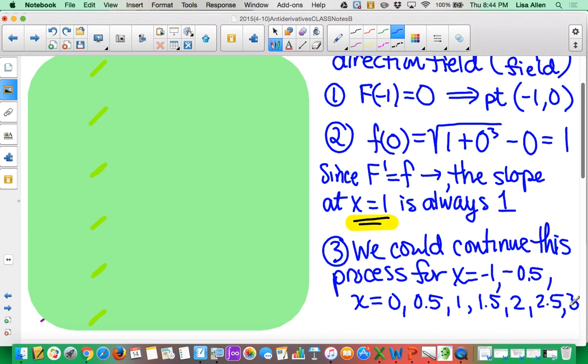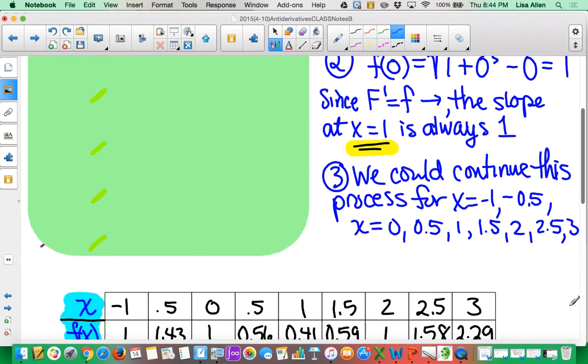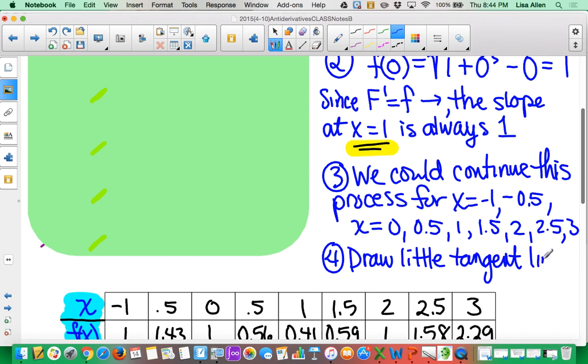For all of those values, we would draw little tangent lines that represent the slope at each coordinate point.